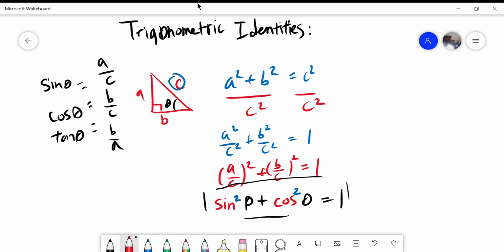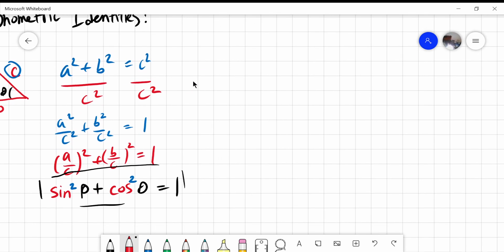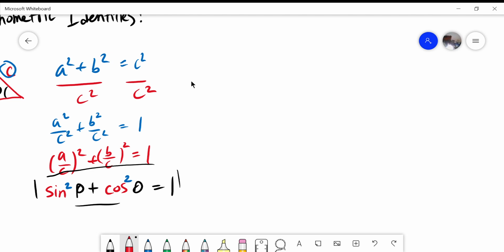Now from here we can derive other identities. But another way of looking at this formula, we can also use a unit circle, the circle that has radius 1, centered at the origin.